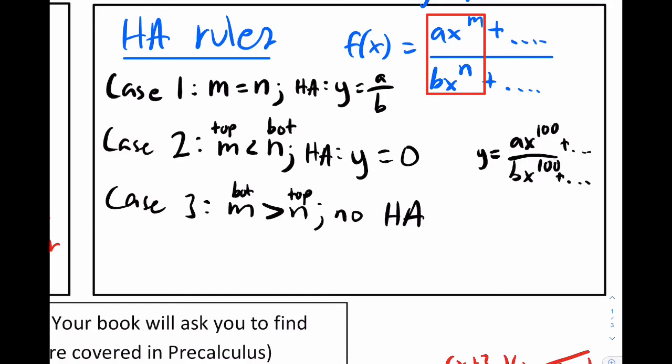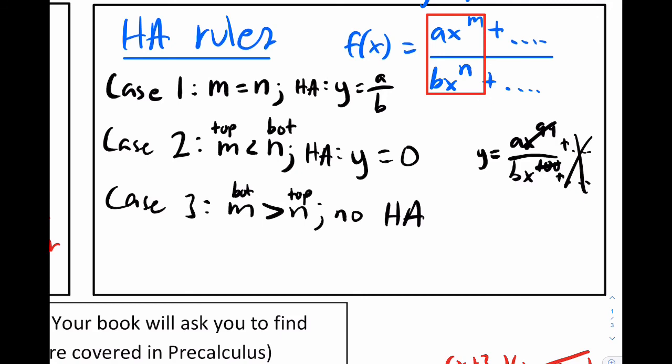Now, if the exponents are a little different, let's say you have 99 on the top, 100 on the bottom. This is example 2, or case 2. What happens is, again, this is so big that the back doesn't really matter, and we can actually kind of simplify this. That becomes x to the first power, and these are just gone. And what happens is this expression is going to tend towards 0, and that's why the function should approach 0.